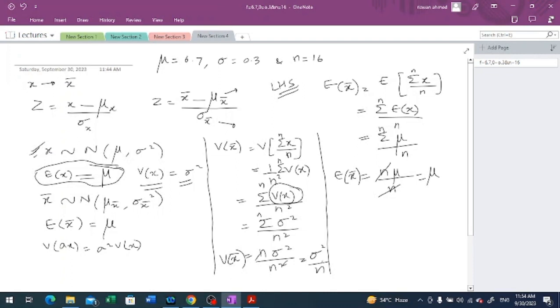And since the variance is equal to this, sigma of x bar is equal to sigma divided by root n. So this is the value of sigma of x bar we get, and this is the value of the expected value of x bar, or mu of x bar, that we get.